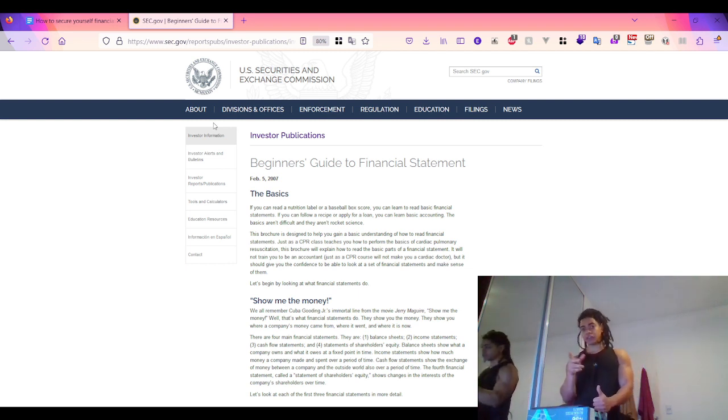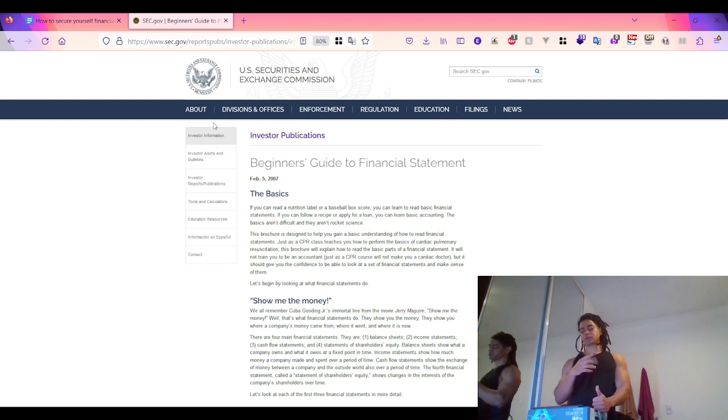In obligations, or liabilities, we have current liabilities, obligations that a company has to pay within a year or less. Okay, they're generally listed based on their due date.